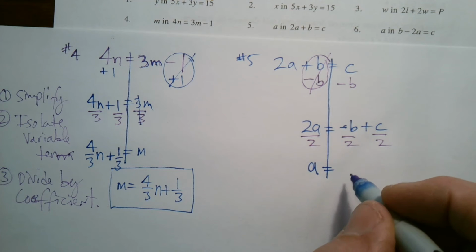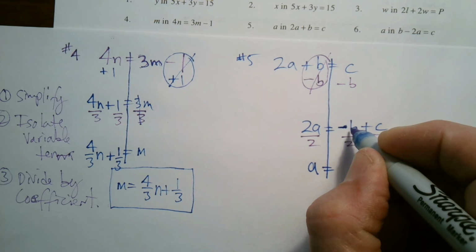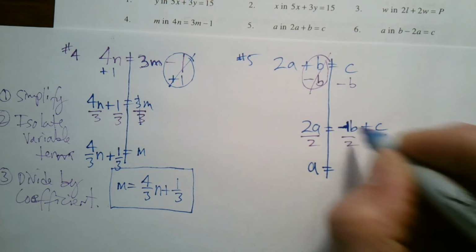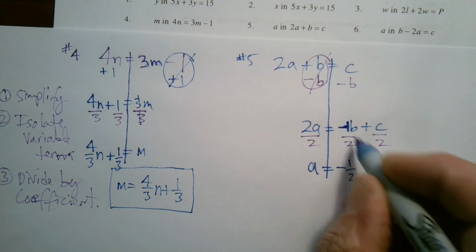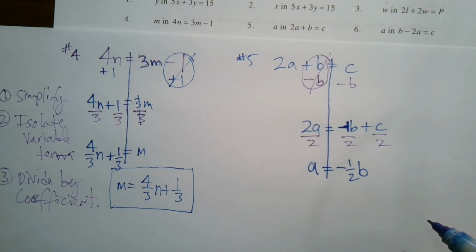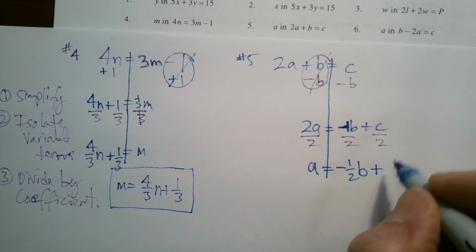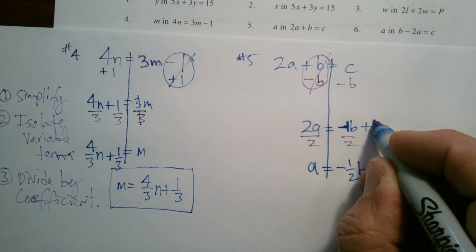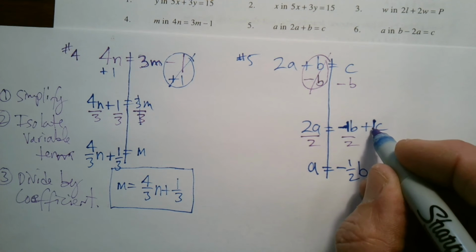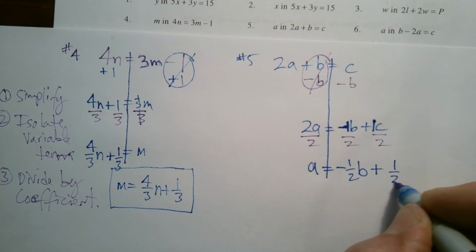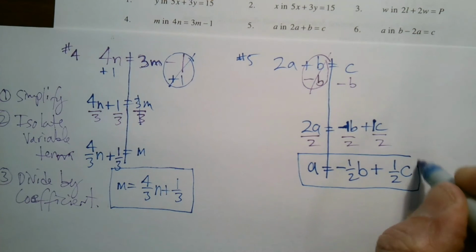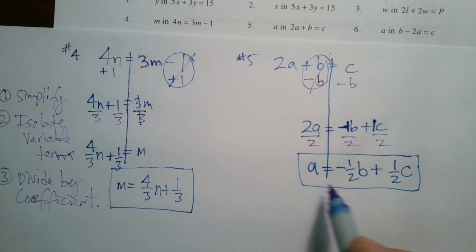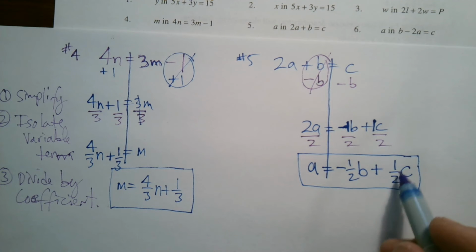Remember the negative in front of the b means negative 1, so negative 1 over 2 is negative 1 half b. Plus, c's coefficient is 1, so 1 over 2 gives 1 half c. Those are my new coefficients. So a is equal to negative 1 half b plus 1 half c.